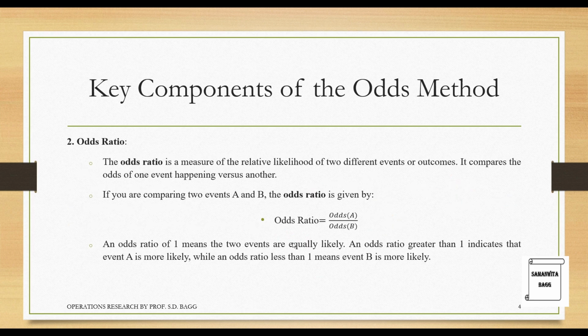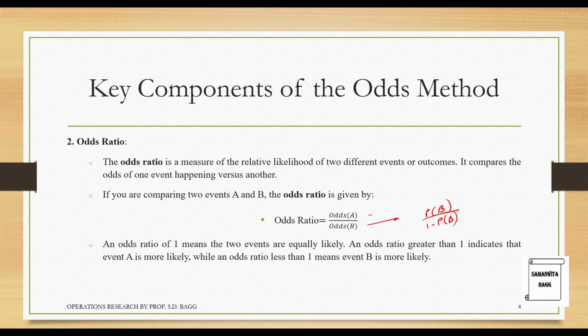Next is odds ratio. The odds ratio is a measure of the relative likelihood of two different events or outcomes. It compares the odds of one event happening versus another. If you are comparing two events, A and B, the odds ratio is given by odds of A upon odds of B, where odds of A is the formula which I gave you, and for odds of B, the formula will be probability of B happening to the probability of B not happening.